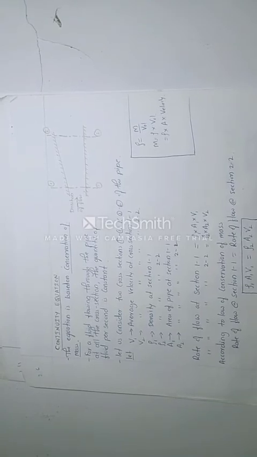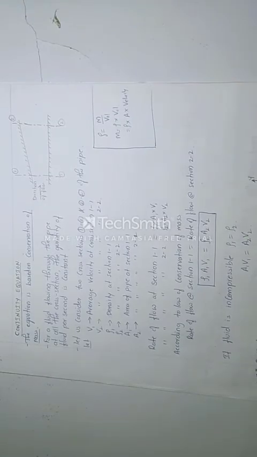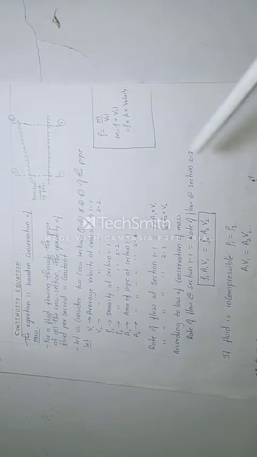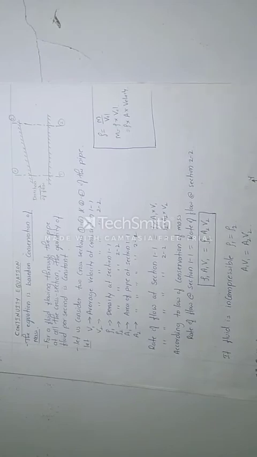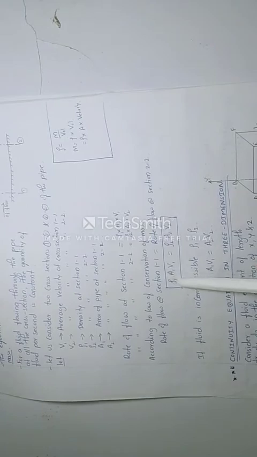The next and very important topic is the continuity equation. Directly I will go to the formula: the continuity equation is rho A v equals constant. The continuity equation is nothing but conservation of mass.